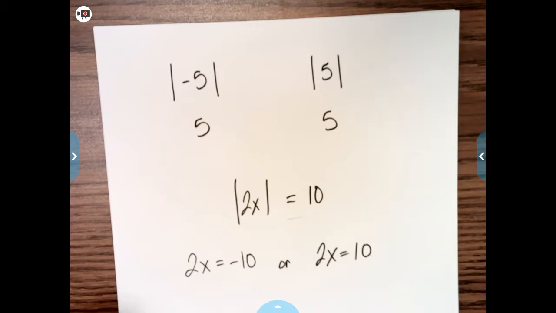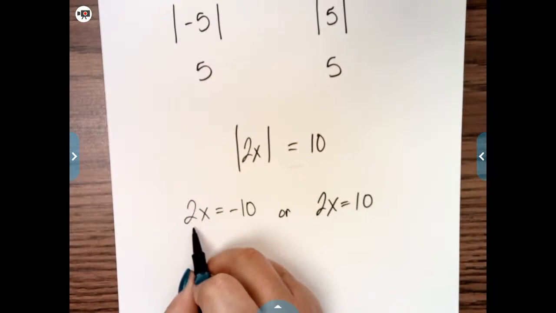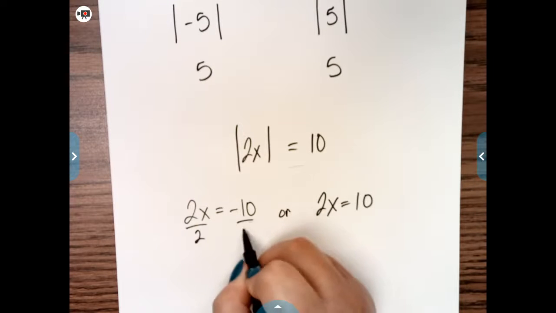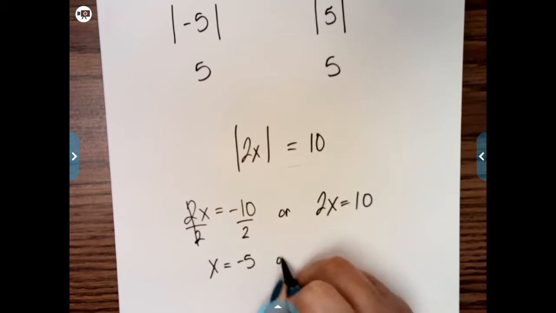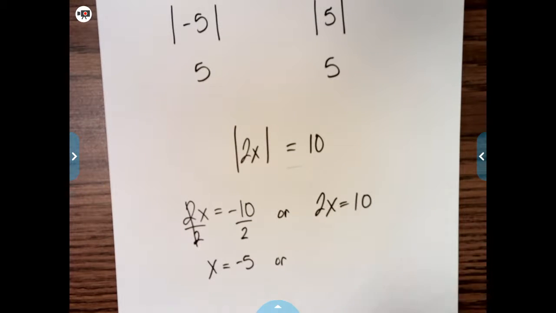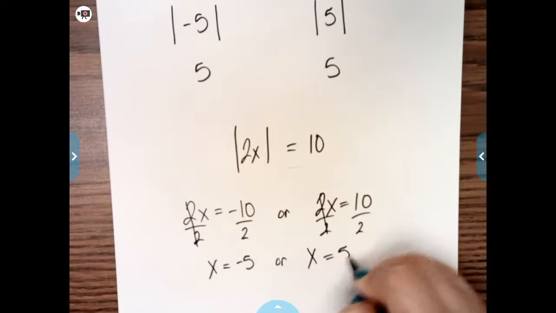Either one. So now we can solve for these two equations. We would divide by 2 and then x is negative 5. Or we would divide by 2 over here, and x could be positive 5.